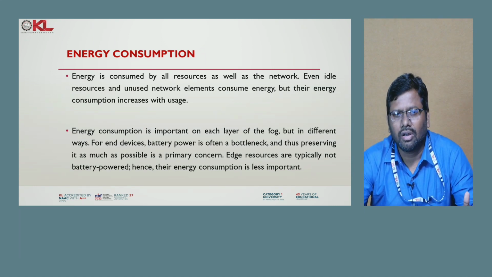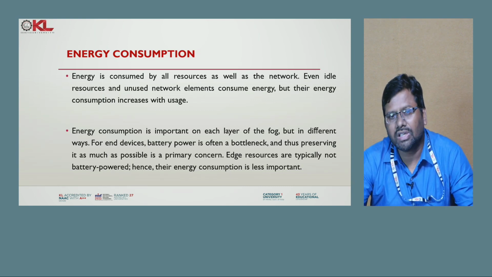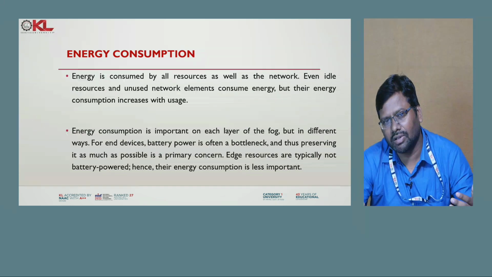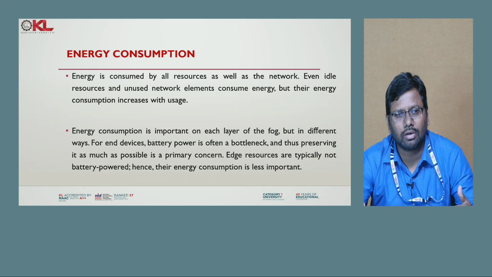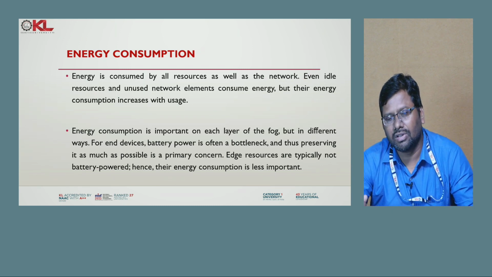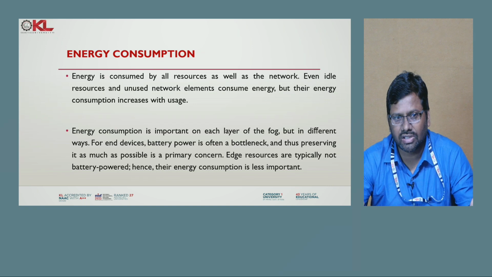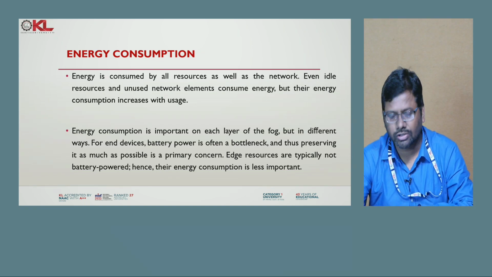Like that, we could find the unused devices, and also the devices which are not running. Due to that, we can save a lot of energy. So with respect to each layer, starting from the higher to the lower in the hierarchy, the cloud, the edge resources, and the end devices, at each and every level a reduction in energy consumption should be carried out.